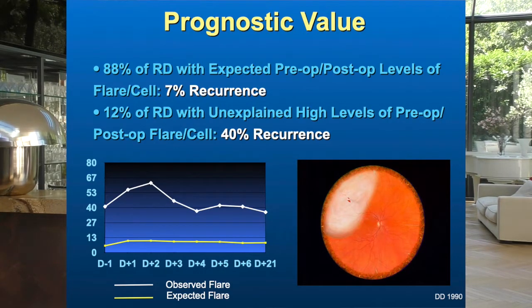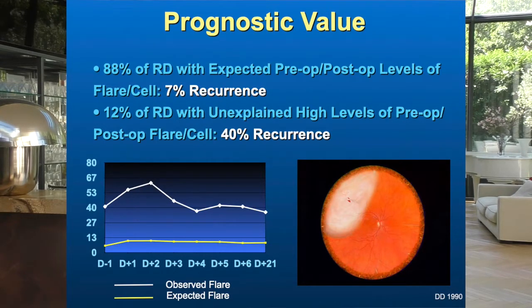But in 12% of the cases, the flare or cell level are completely absurd without any reason. As here in this primary procedure phakic case, without hypotonia, stage A, where the flare curve is comparable to that of a stage C2.